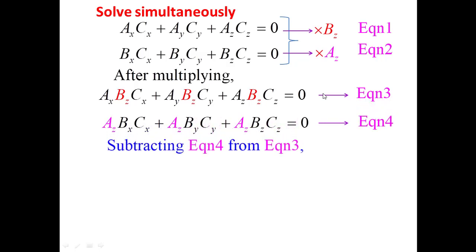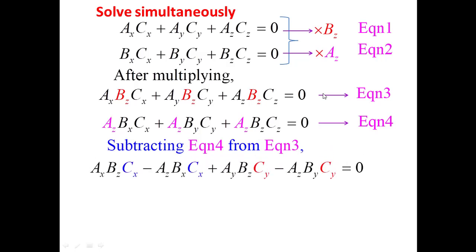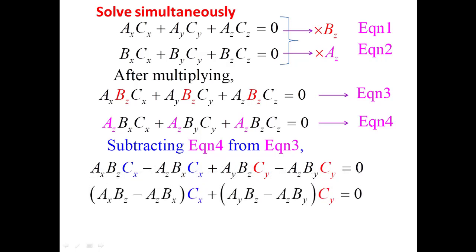By subtracting equation 4 from equation 3, we get AX BZ CX minus AZ BX CX plus AY BZ CY minus AZ BY CY is equal to 0. Because the CX terms are common and the CY terms are common, I have factored out the CX and the CY and wrote it in this way.